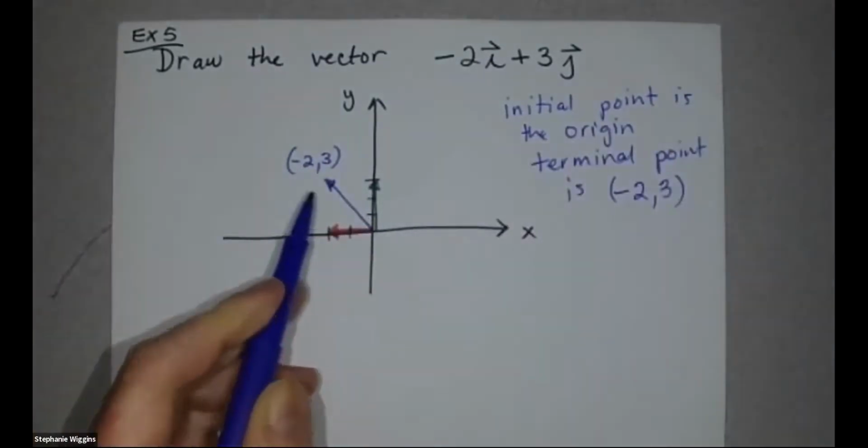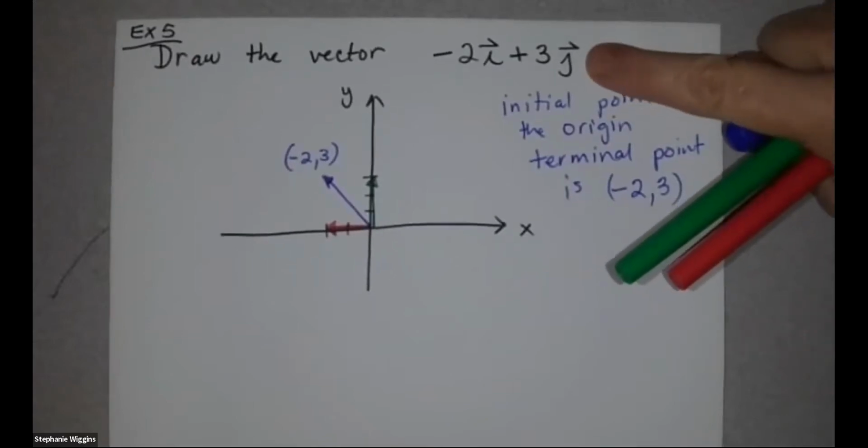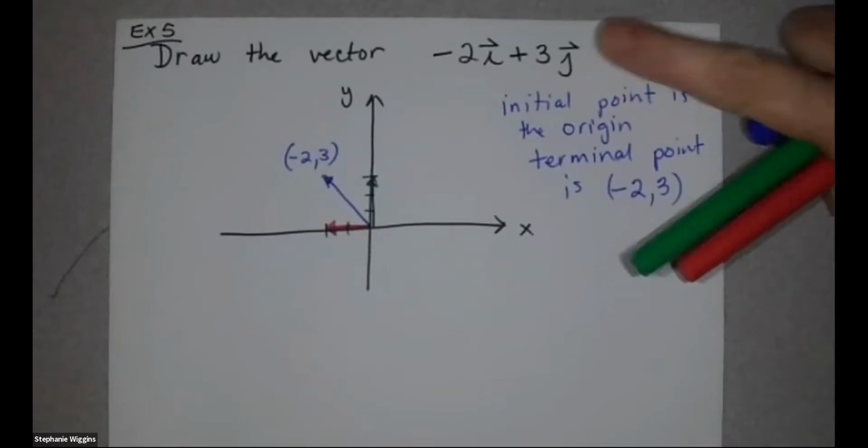Now this is just in standard position. You can move that vector anywhere you want. It's going to have the same length and it's going to have the same direction, and it can be expressed this way.